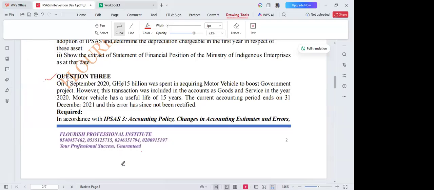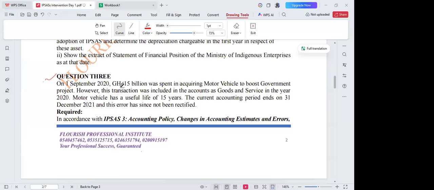It's an error. Yes, you're right. Next time, raise up your hand.